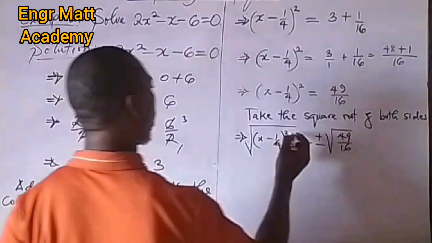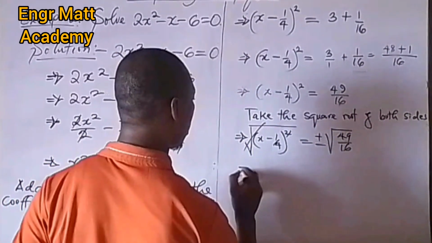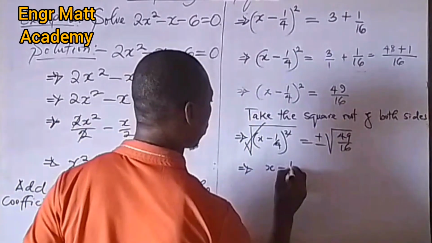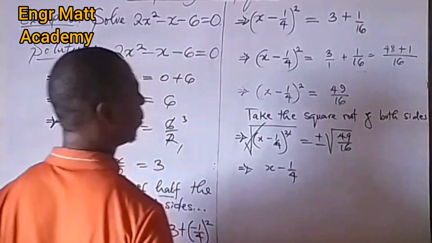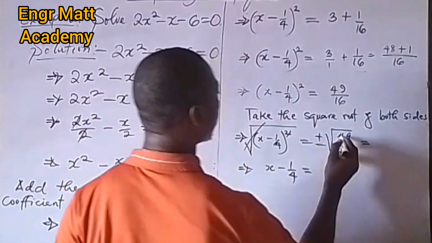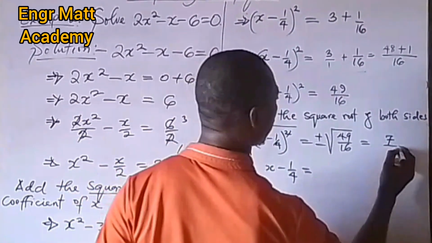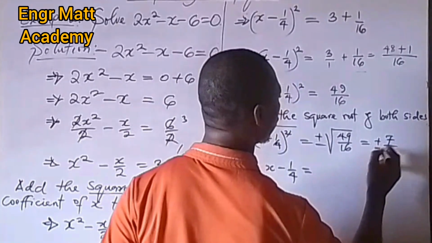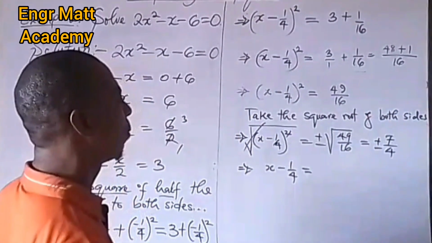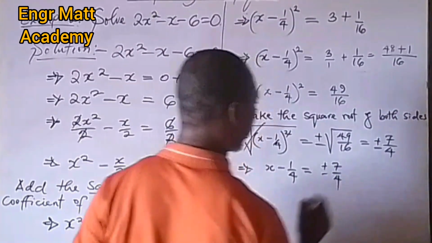So the square here, we cancel out this square root. That will give us x minus 1 over 4 remaining, and this will be equal to, what is the square root of 49? That is 7, and the square root of 16 is 4. So we have plus or minus 7 over 4.